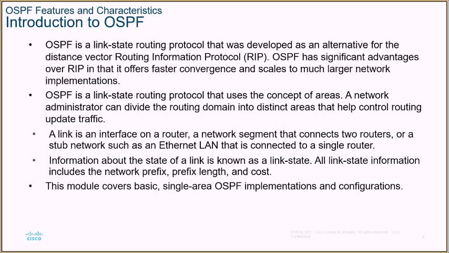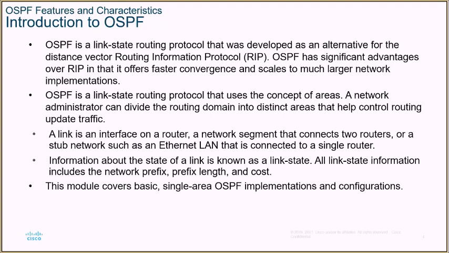So OSPF is a link state routing protocol that was developed as an alternative for distance vector Routing Information Protocol. And so RIP was the first routing protocol, at least widely used, and while simple to use, it does certainly have some limitations.